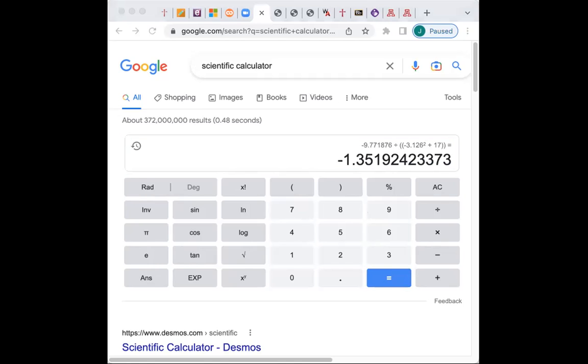Did I do my math wrong? Negative 1.3. Wait, so it says parentheses, negative 3.1 squared plus 17. We only do it one time, not double. It's t squared divided by t squared plus df.